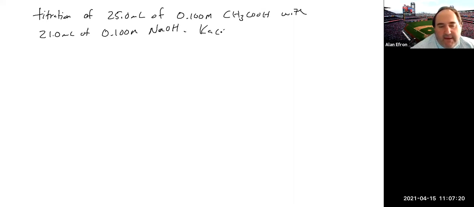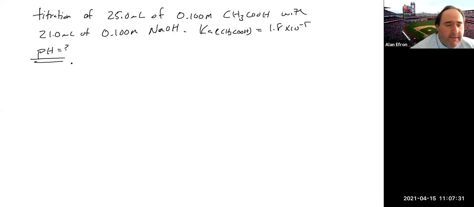The Ka value for acetic acid is 1.8 times 10 to the minus 5. So what is the pH at this point in the titration?